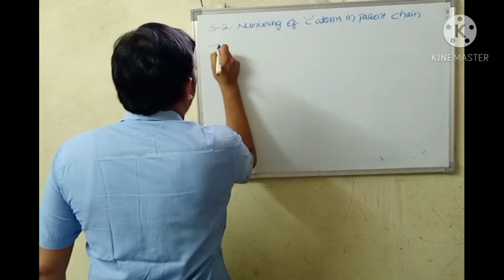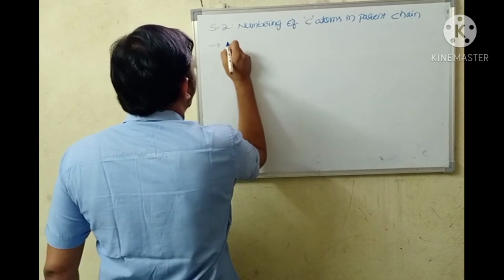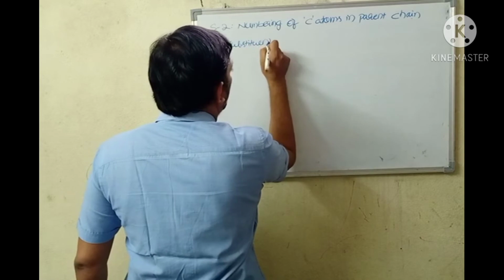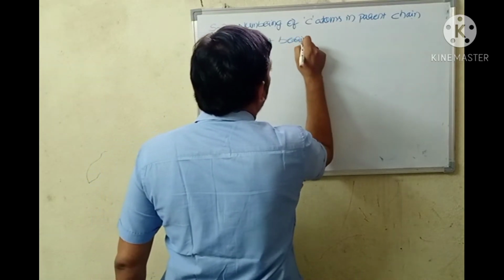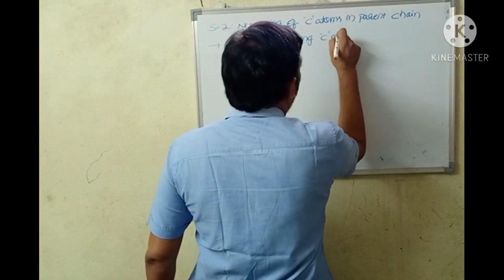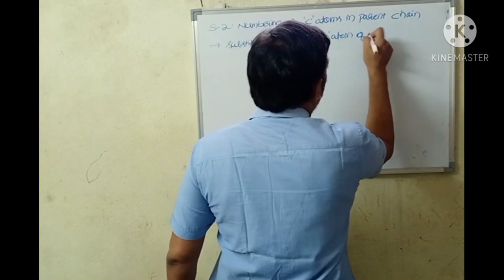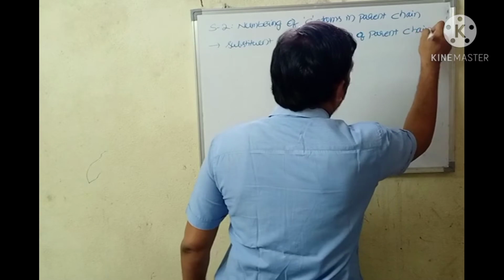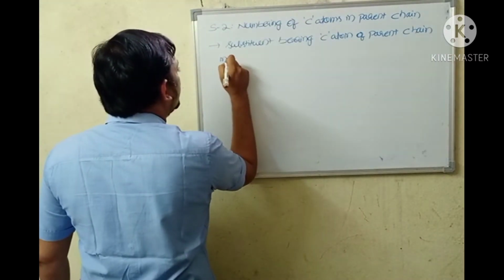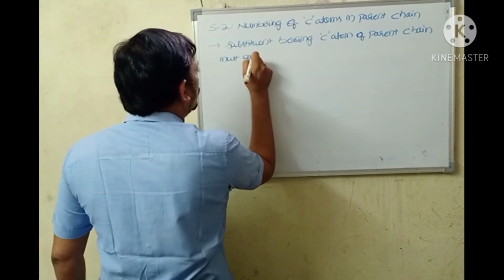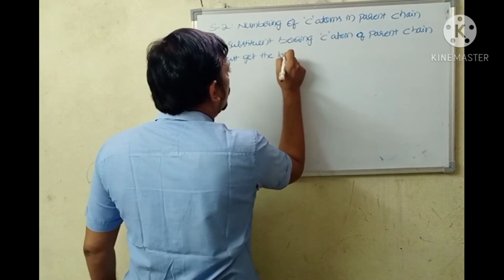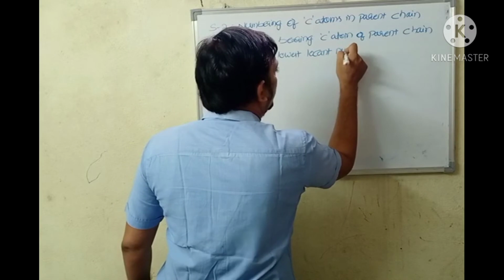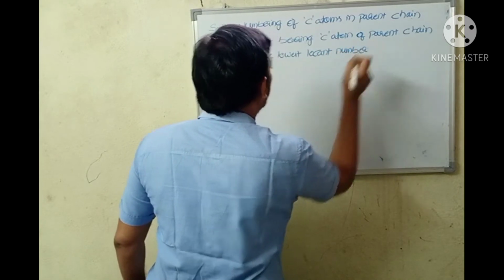The first one is, the substituent bearing carbon atom of the parent chain must get the lowest possible number, the lowest locant number.